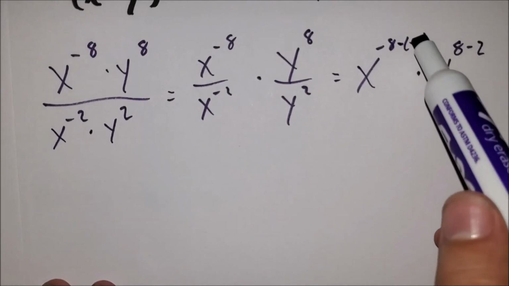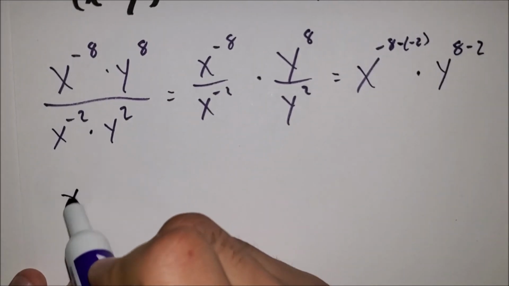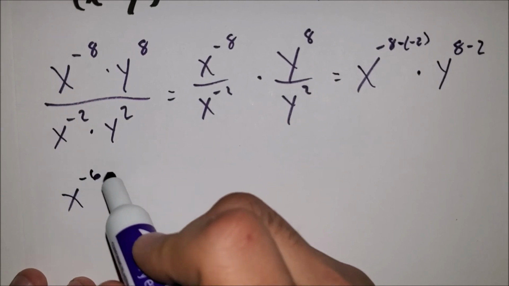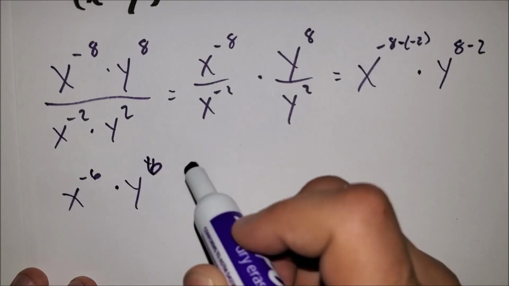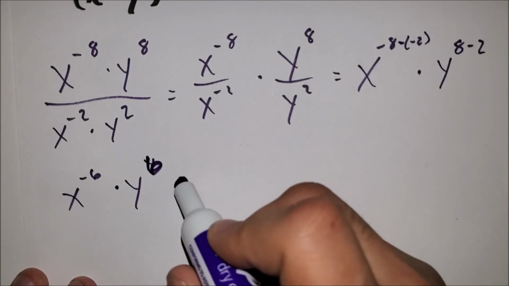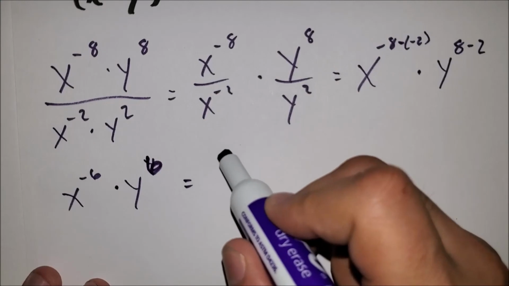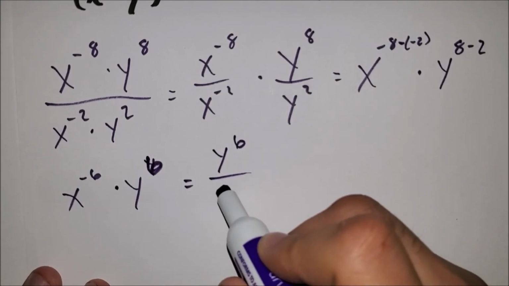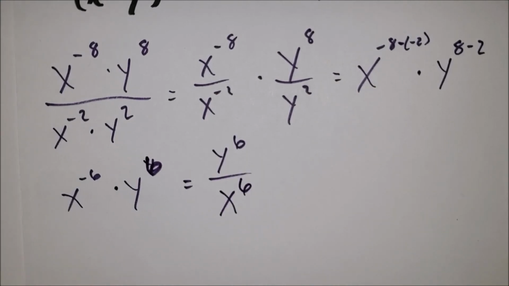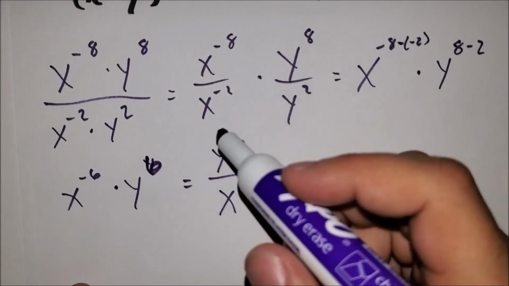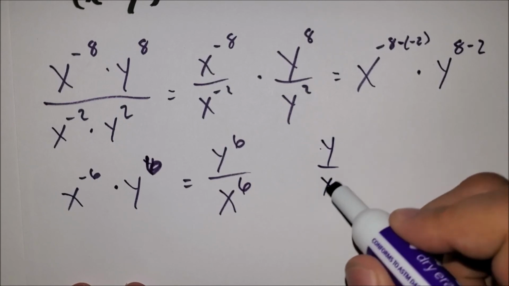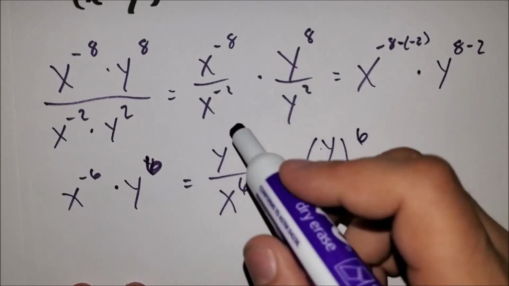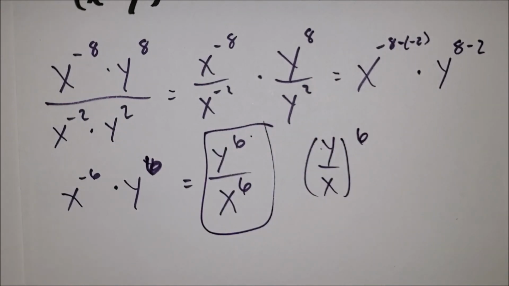So we simplify all of this. This is x to the power of negative 6 times y to the power of positive 6. And this equals y to the 6th over x to the 6th. That's our simplification. You could take it an extra step and say this is the same thing as y over x to the power of 6, but that's usually a pretty acceptable form to leave it in.